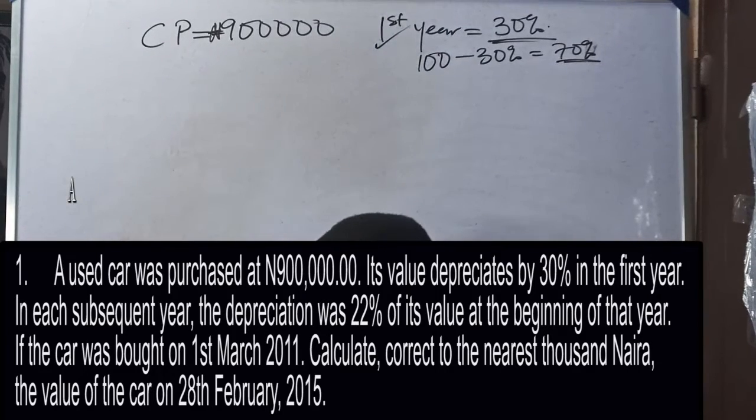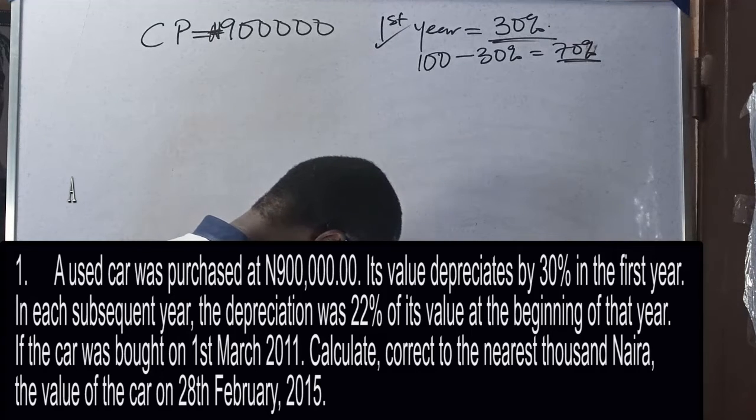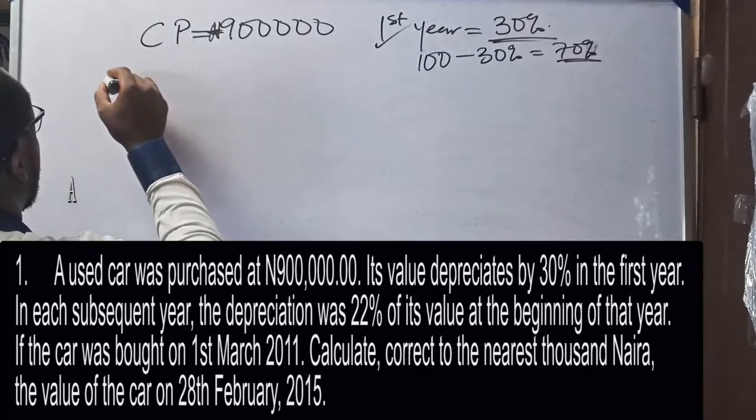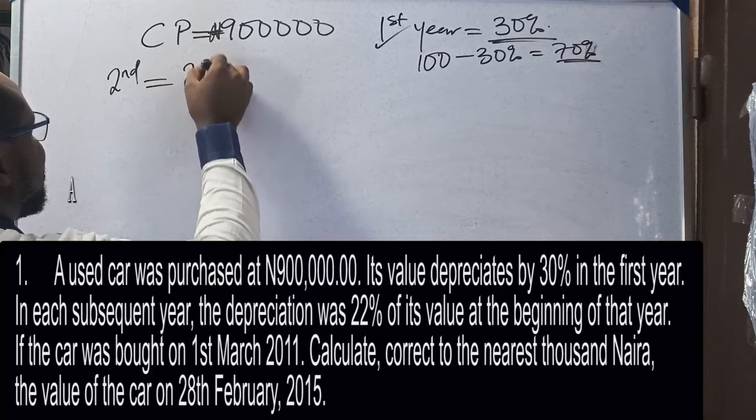All right. In each subsequent year, the depreciation was 22% of its value at the beginning of that year. So that means from the second year down, we are depreciating by what? 22%.